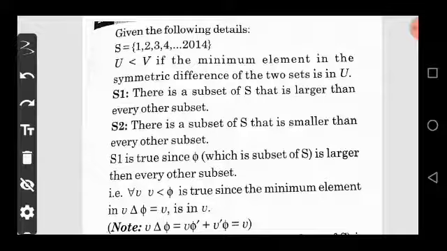S1 is true since phi is larger than every other subset.